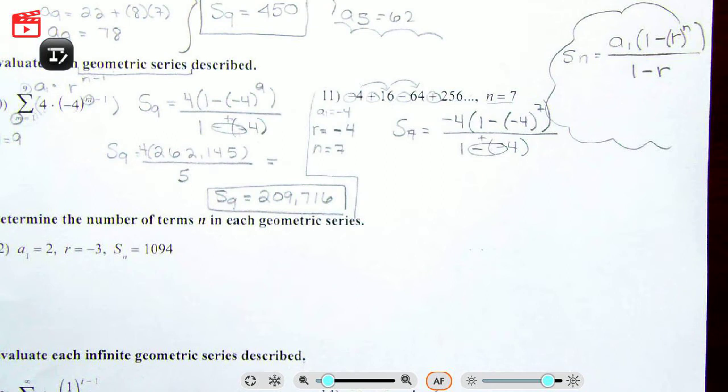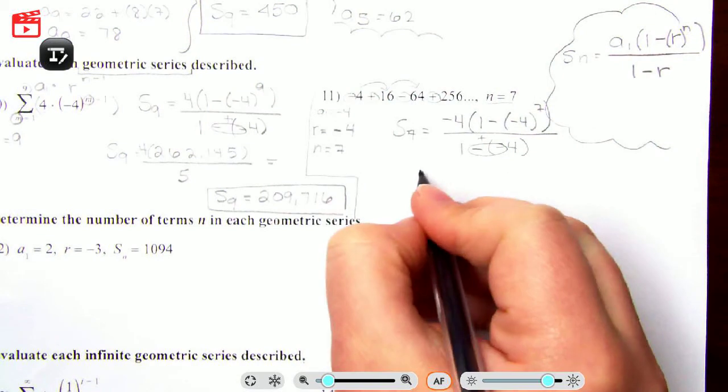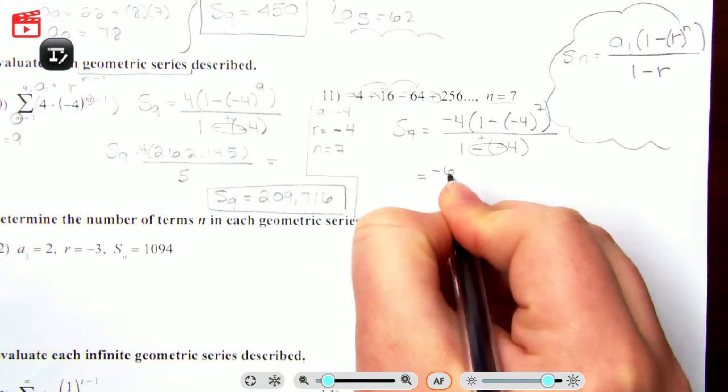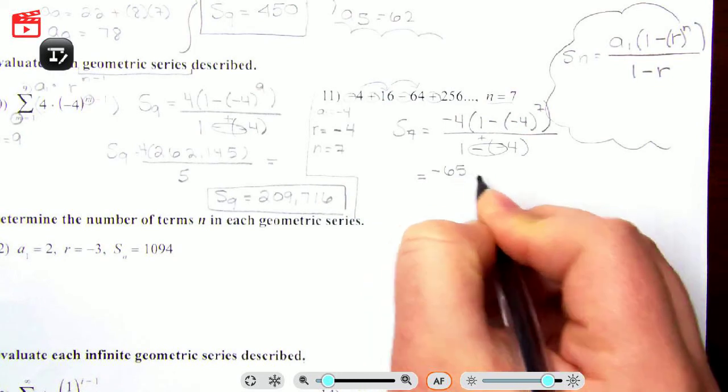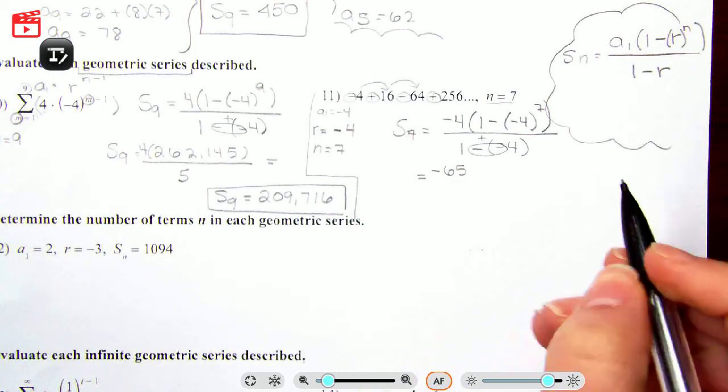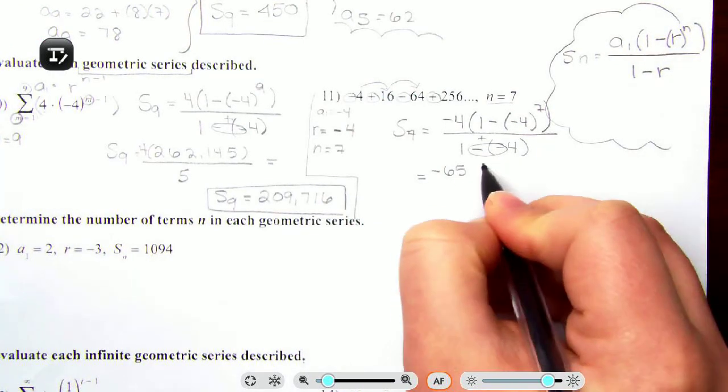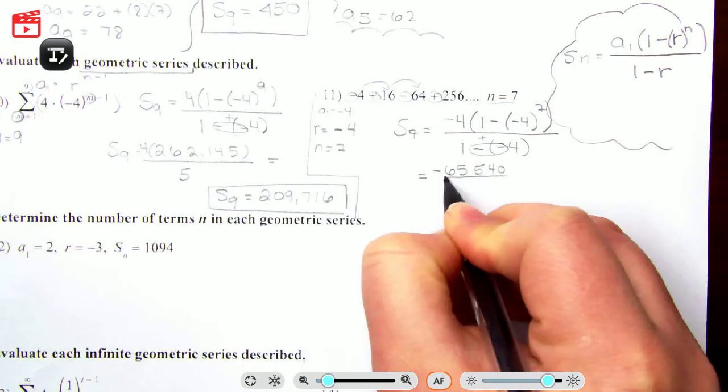Okay, so let's type this into my calculator. Let me try doing this again, just typing in just the numerator. Negative 4 parenthesis 1 minus parenthesis negative 4 parenthesis to the 7th power parenthesis. And I get negative 65,540, took me a second to figure out how to say that, divided by 5.